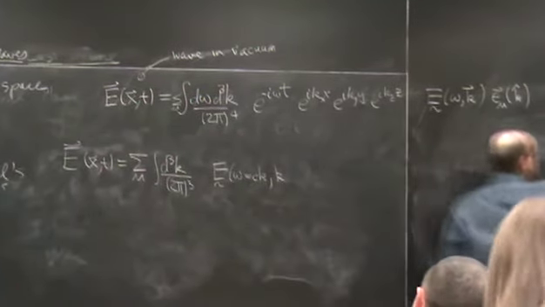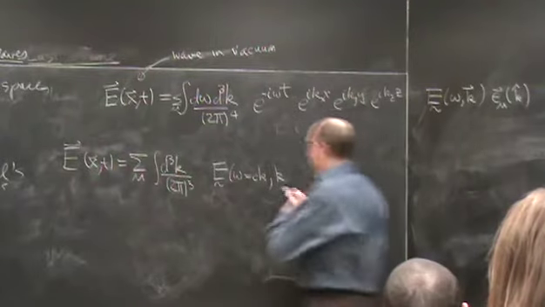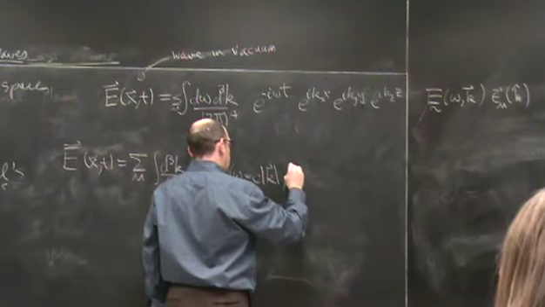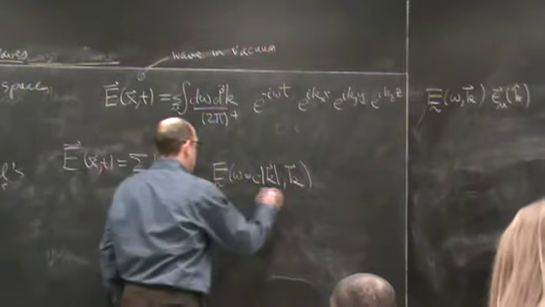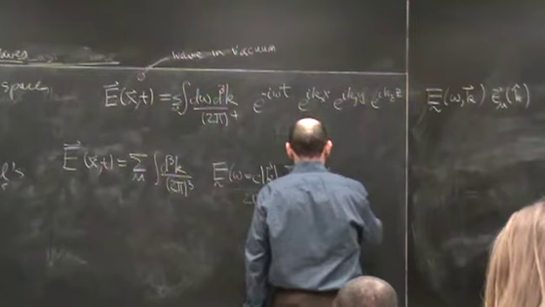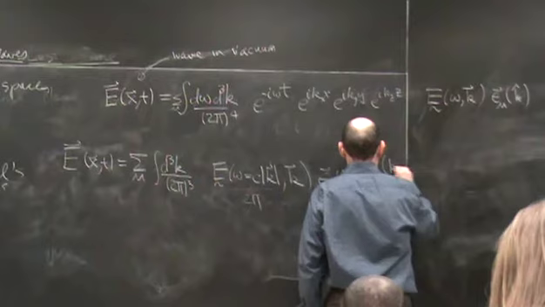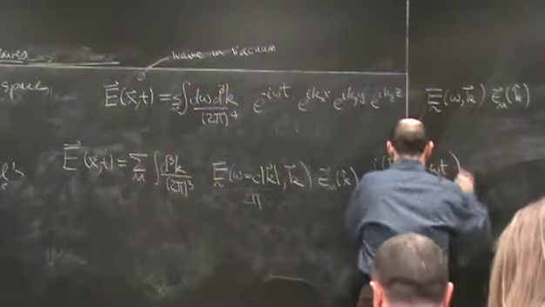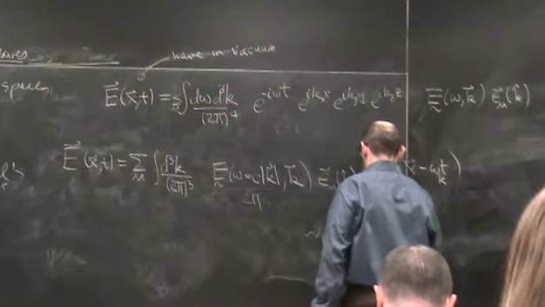Remember what this means. I should write this out more. This was the magnitude of the vector squared. So c is the magnitude of the vector and a function of the vector. The 2 pi goes to 2 pi to the 4th. The polarization vector, which depends on the direction of propagation, e to the i k dot x minus omega t, where omega sub k is c times the magnitude of k.